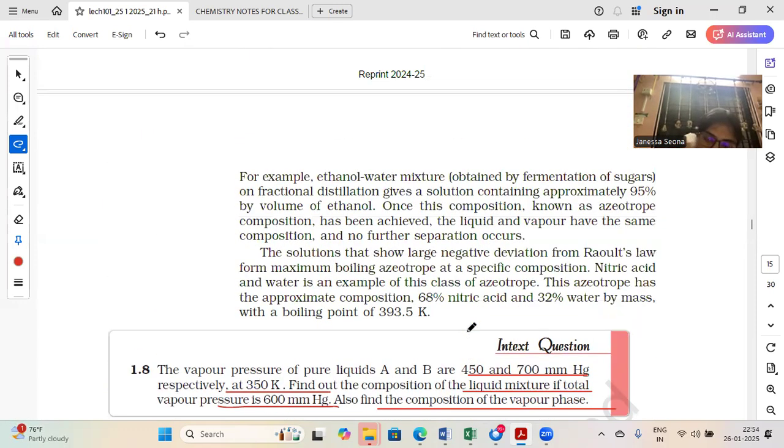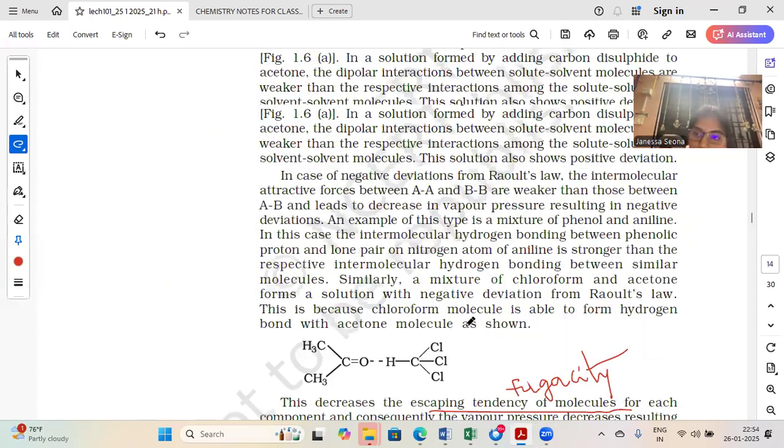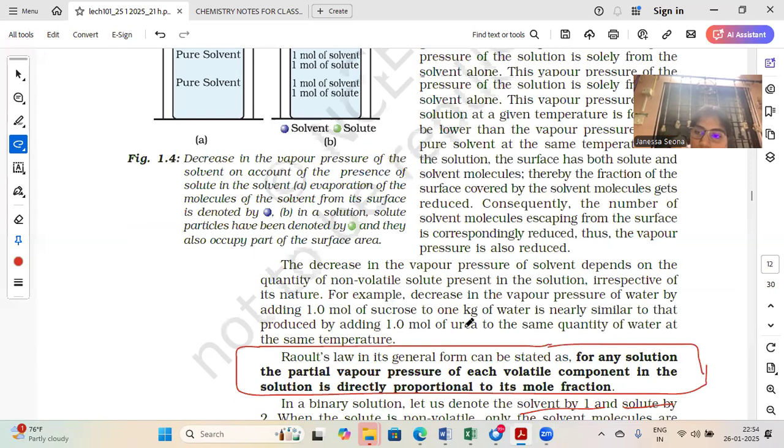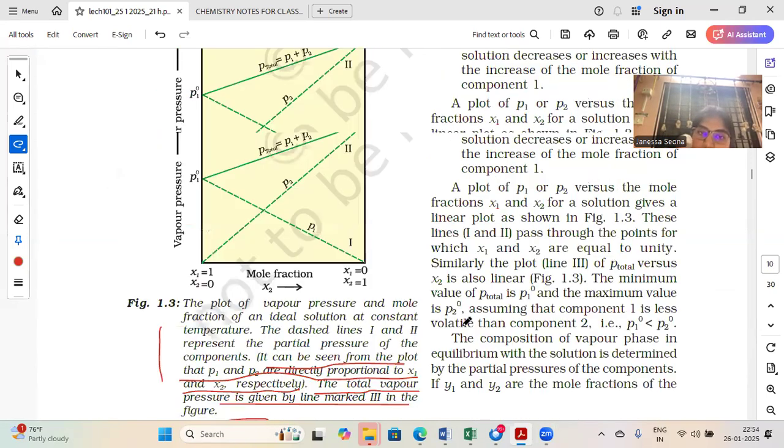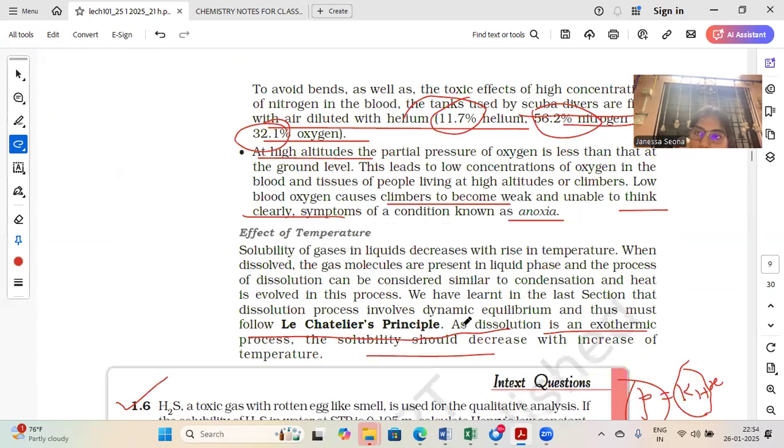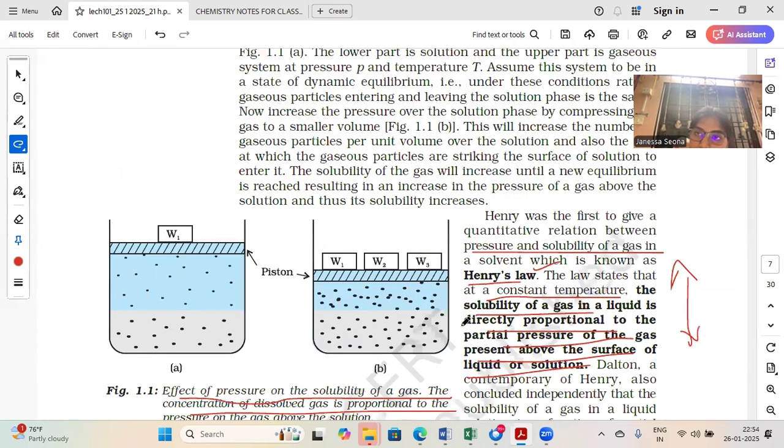Moving forward, we are at Le Chatelier's principle, and Le Chatelier's principle deals with again the solubility issue.